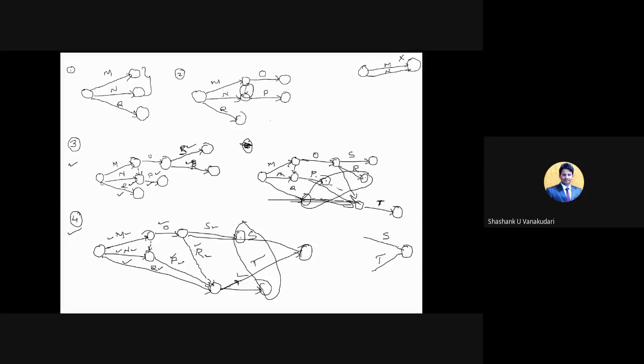So finally, the network diagram comes in this way.